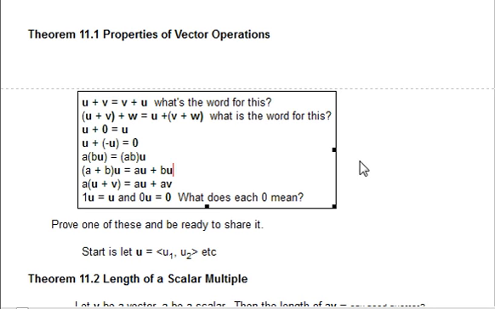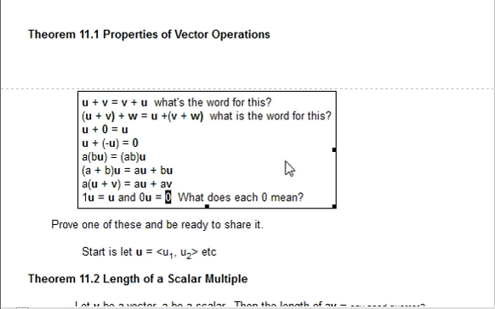You would expect that. 1 times vector u is u, and 0 times vector u is the zero vector. That's a little touchy there because remember, this is a scalar, this is a vector. This is a zero scalar, but this is the zero vector. Component form would be 0, 0.